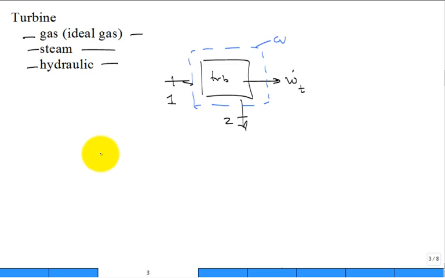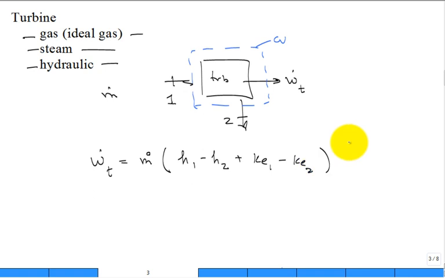Then we strike the zero terms, and we'll have something like W dot out of the turbine is the mass flow rate through the turbine. The mass flow rate in at 1 equals the mass flow rate out at 2, so we don't put the subscripts on m dot, we just talk about one mass flow rate. It's operating at steady state, and we'll have the enthalpy in minus enthalpy exit, and the kinetic energy in minus the kinetic energy exit.